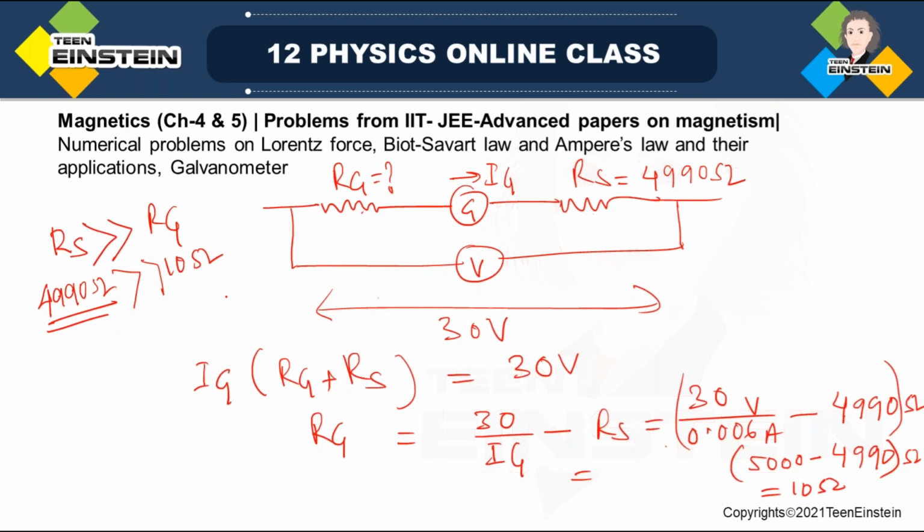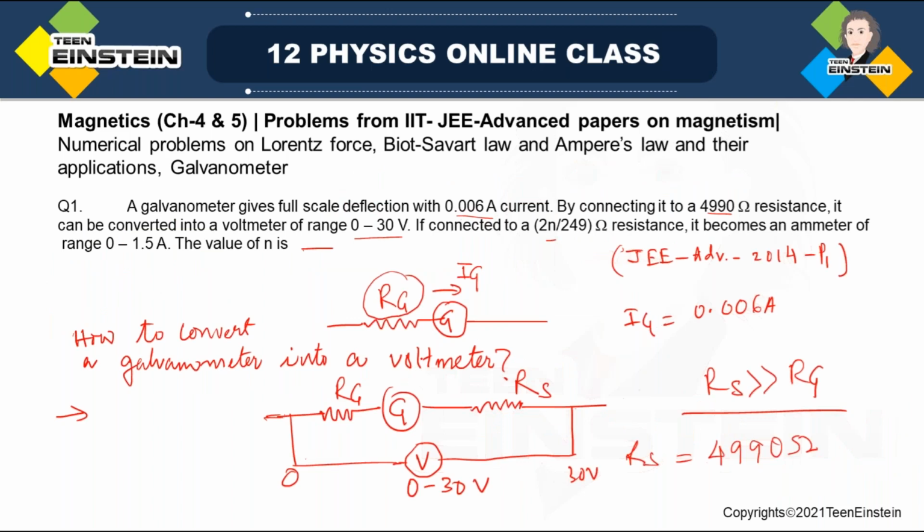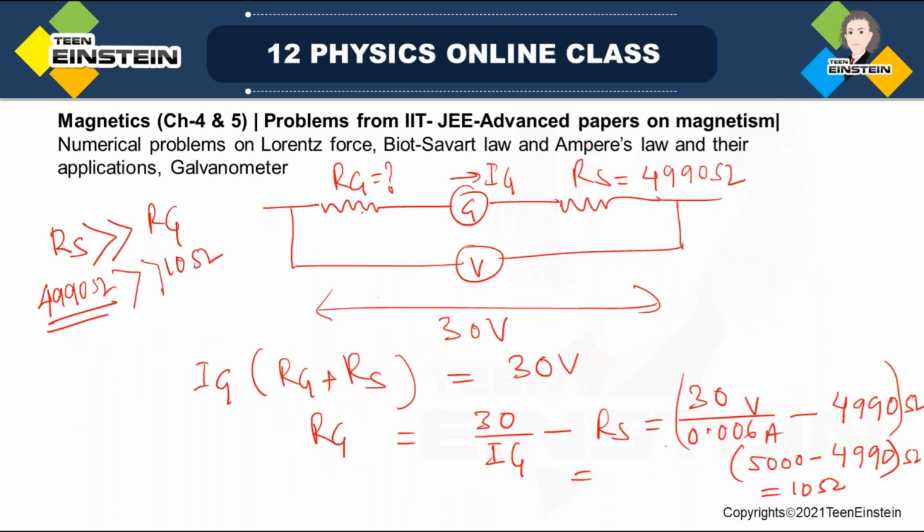So guys, what we have got, as I told, for a galvanometer, if you want to convert a galvanometer into voltmeter, first of all, you need to know Rg and Ig. Okay, Ig and Rg, these you should know. So I have obtained Ig and Rg both. Look, I'll write it here.